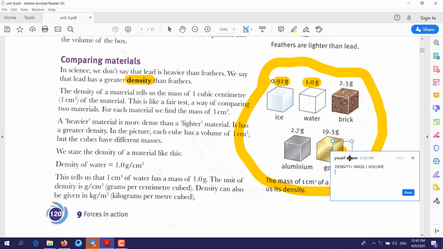The density of gold will be: mass, how much is the mass? 19.3 grams, over volume. How much is the volume? It's 1 cubic centimeter.